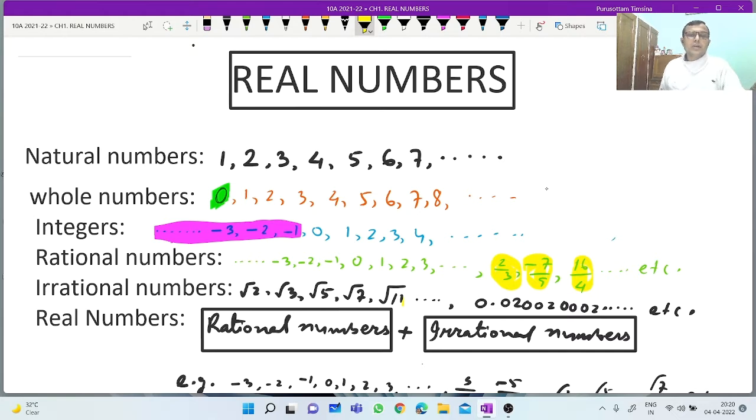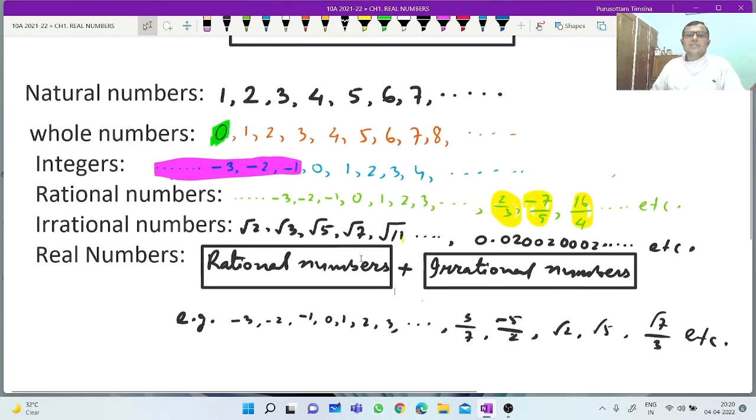Now what is a real number? Real numbers are rational numbers plus irrational numbers. Rational and irrational numbers together are called real numbers. That is, negative integers, positive integers, fractional numbers, and irrational numbers together are called real numbers.